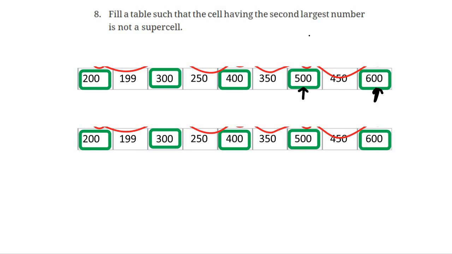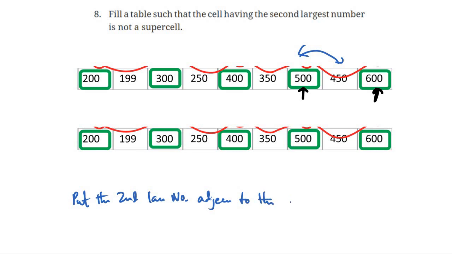Now we have to do the arrangement such that the second largest number is not a supercell. So what I am going to do, see over here, let me swap these 2 positions. For this I have to put the second largest number adjacent to the largest number.